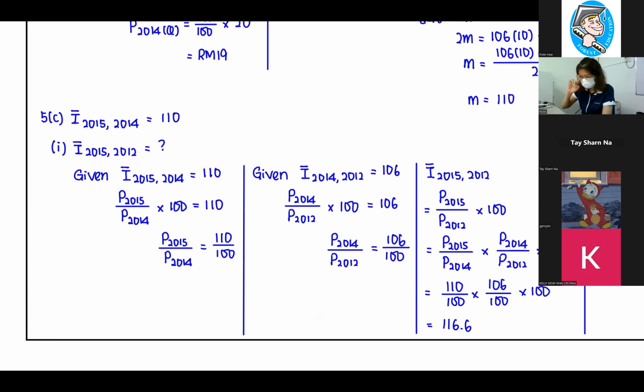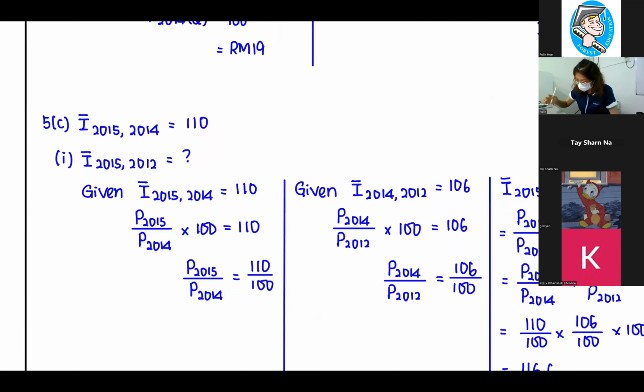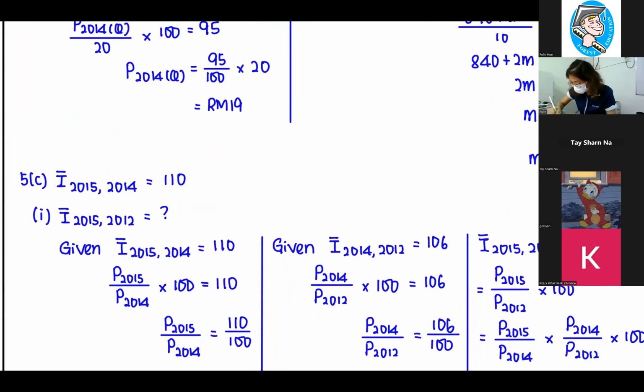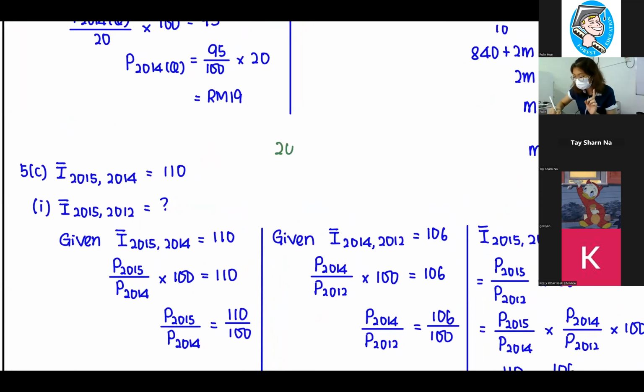So this is the safer way. You do not want to use the leap method. Let me try for you. But I strongly don't suggest it. 2012, 2014, 2015. From 2014 to 2015, this is 110. After that, from 2012 to 2014, this is 106.